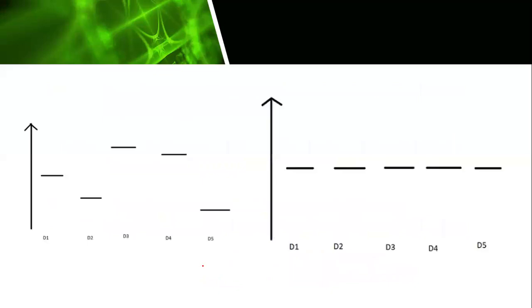Now let us look at an example. Initially D1, D2, D3, D4, D5 are the different machines, and imagine that these are the distributions that they follow. These are the rewards that they have initially, and the y-axis is the reward.